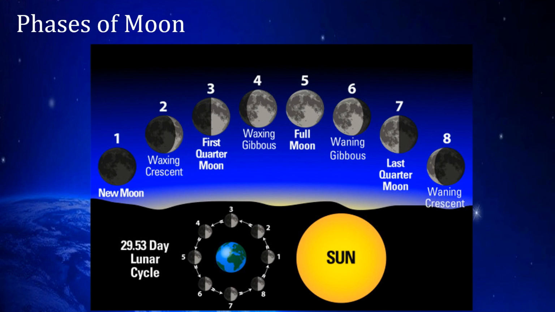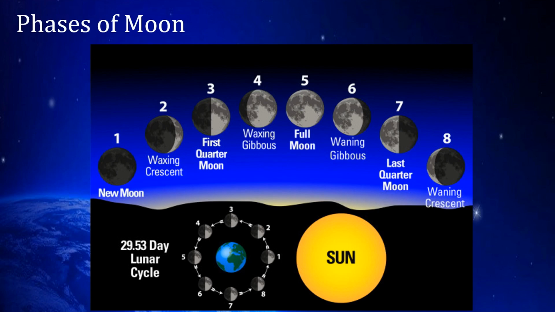Waning is the opposite, or decreasing after a full moon. This was about waxing and waning. Waxing means growing, and waning means the opposite of waxing, that is, decreasing. Let us see how it takes place.